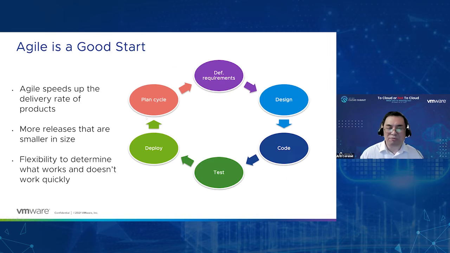Now, with waterfall already gone, agile comes in and fills some of the gaps. The agile method works to speed up the delivery of applications. Having smaller releases really helps.